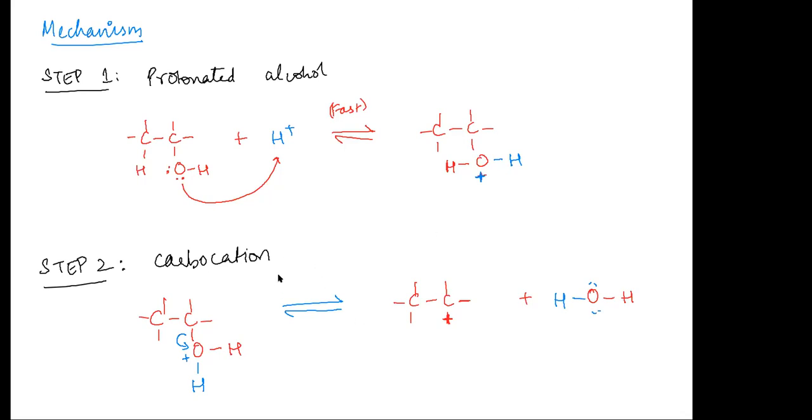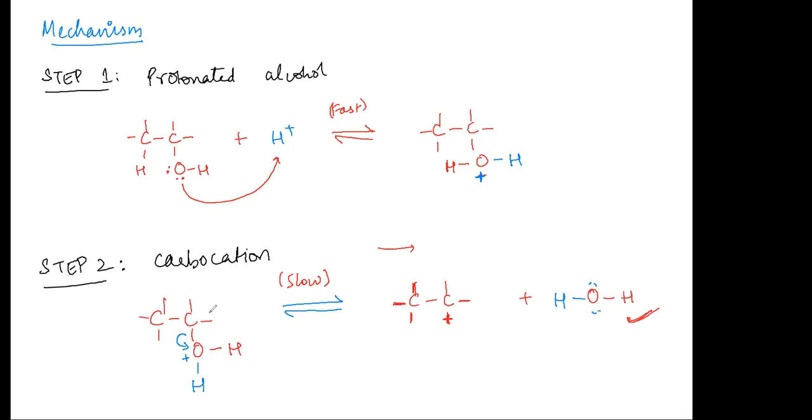Okay. Now this is a slow step. So that is the reason water needs to be taken away as and when it is formed, so that the equilibrium can shift towards the right side, so that this reaction can go through. So this will automatically happen in acidic medium. This will get protonated.